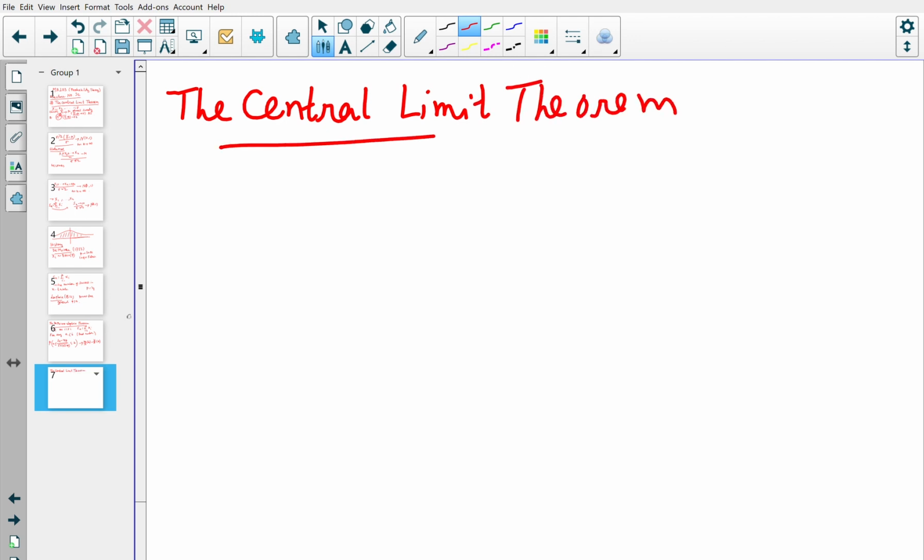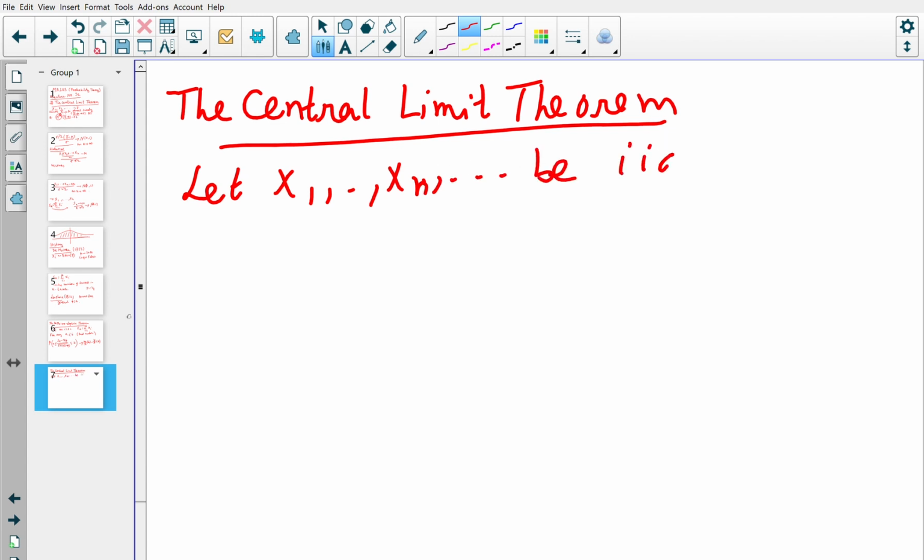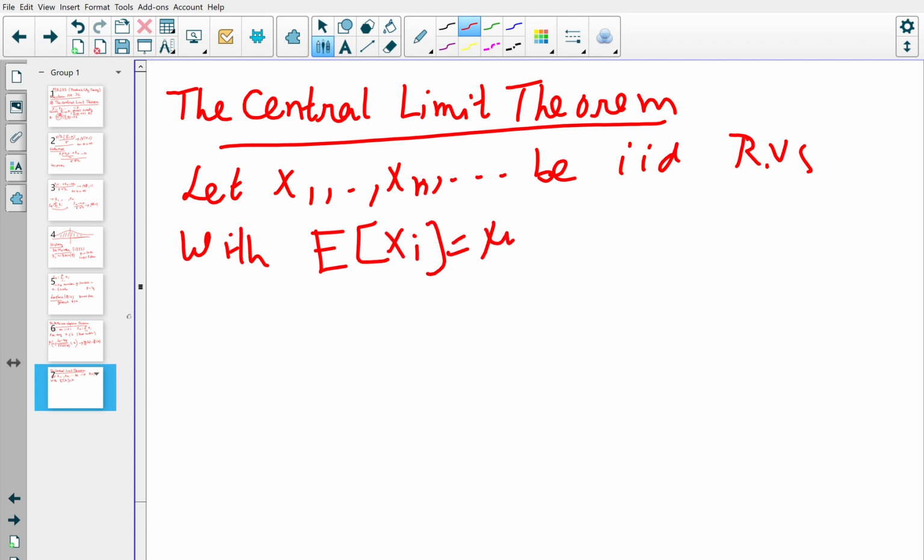Okay, so let x1, x2, up to xn be IIDs, independent and identically distributed random variables, with common mean, because their mean is mu, and variance of xi say sigma square.